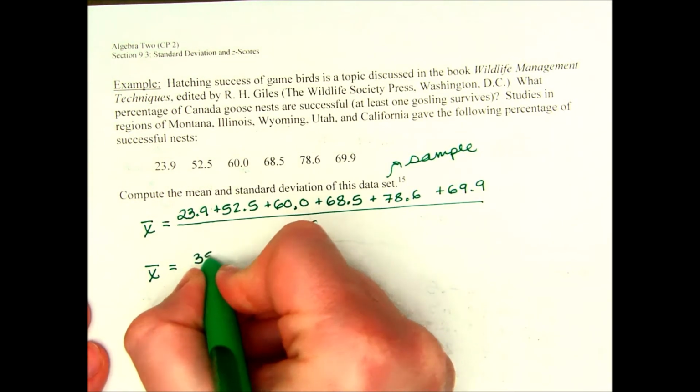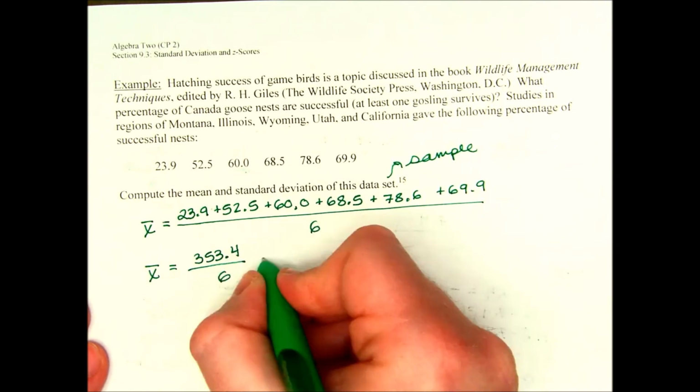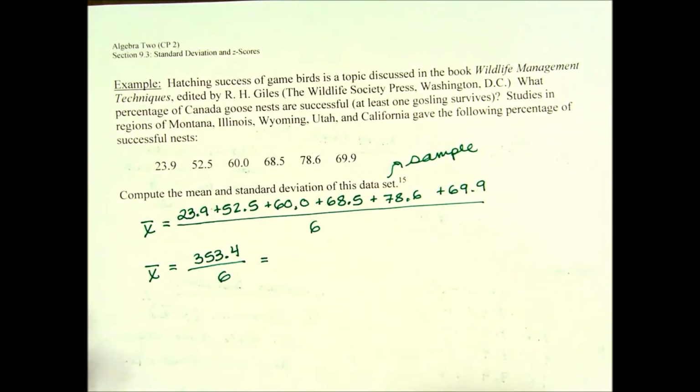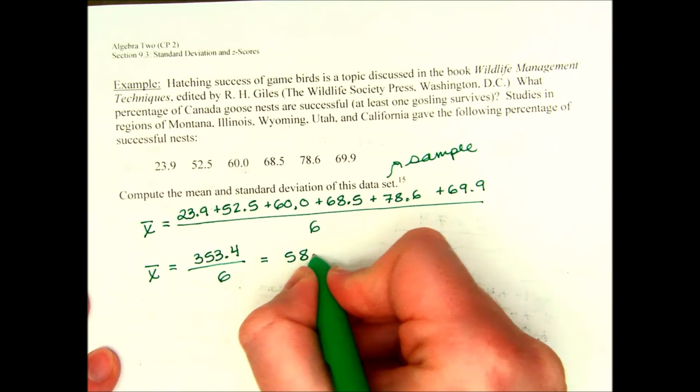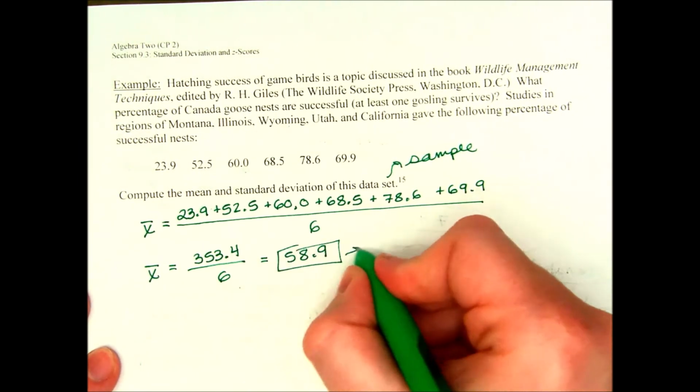Getting 353.4. I'll divide that by 6. That is 58.9. What this tells us, this is the mean. This is the average.